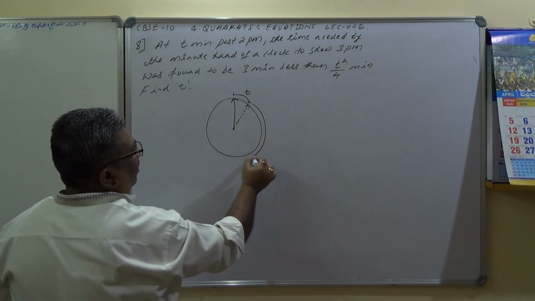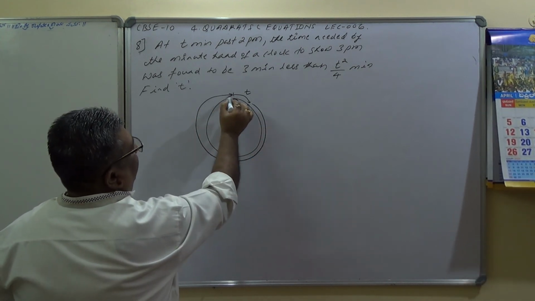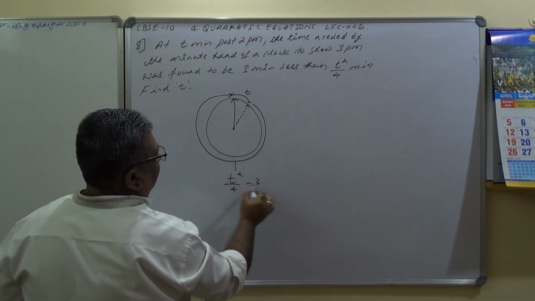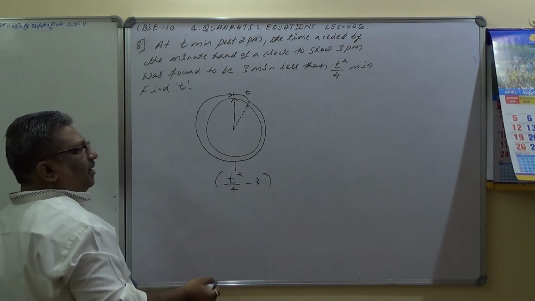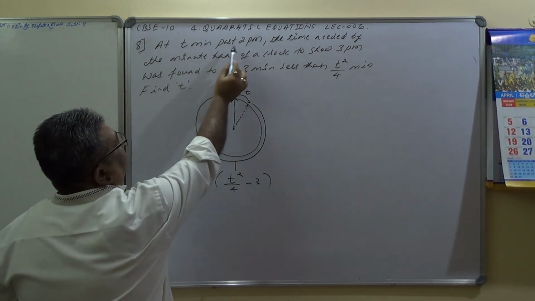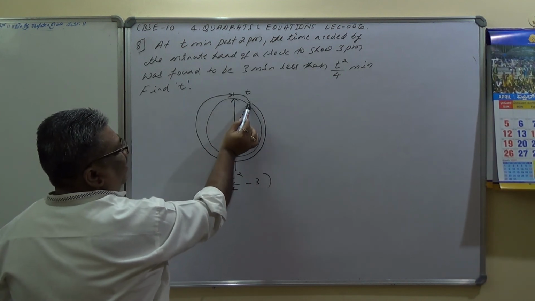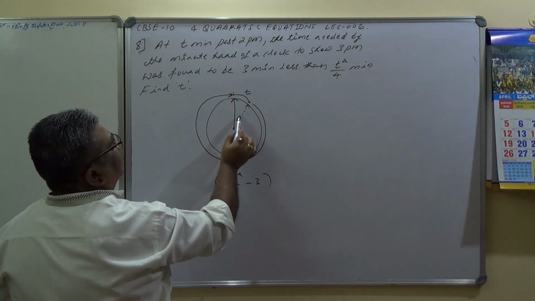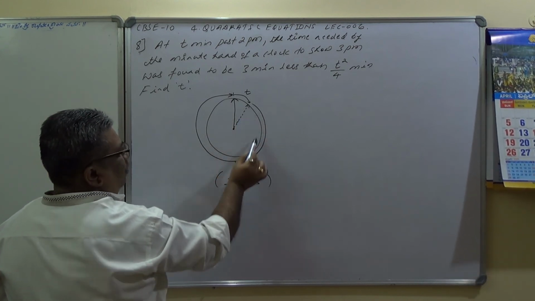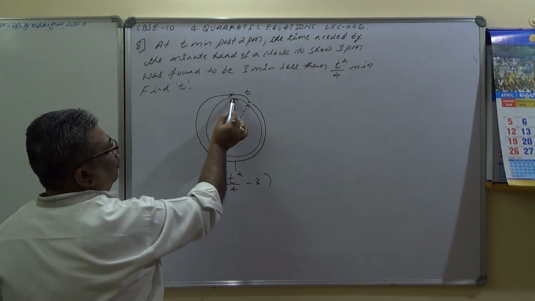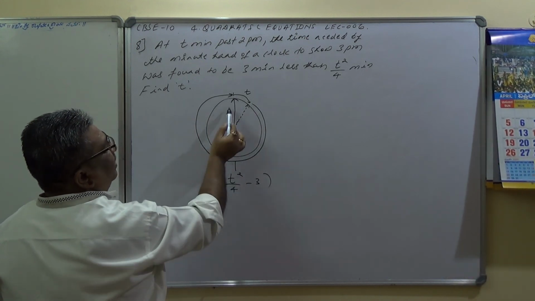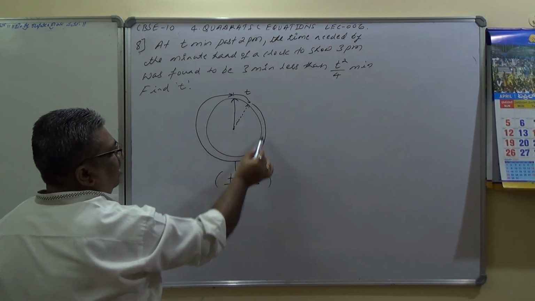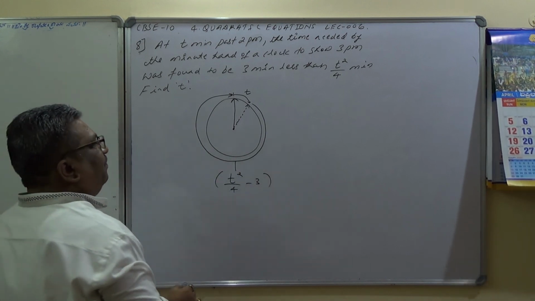From here to here, this is t square by 4 minus 3 minutes. Do you understand? At t minutes past 2 p.m., the time needed by this minute hand to show 3 p.m., that is, it has to come back to here to show 3 p.m., is found to be 3 minutes less than t square by 4. So from here to here, it is t square by 4 minus 3 minutes.